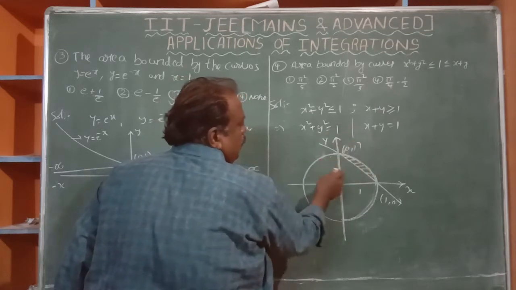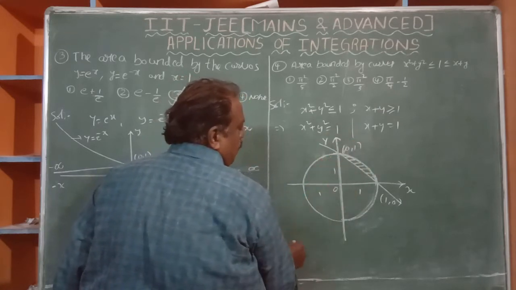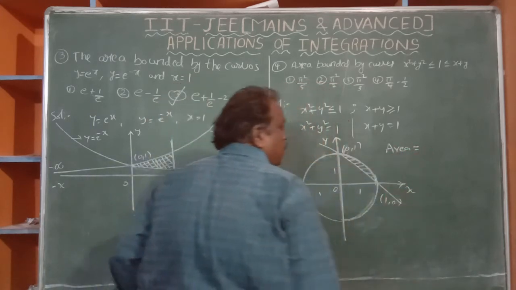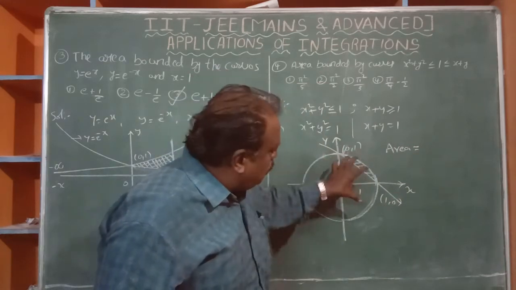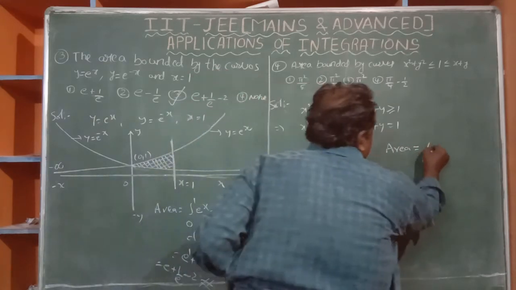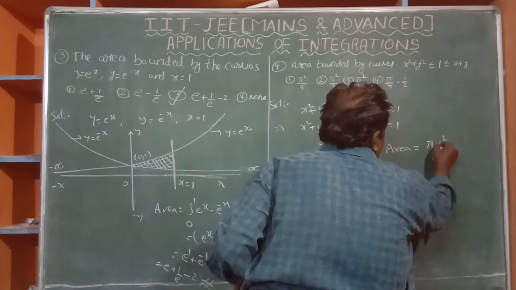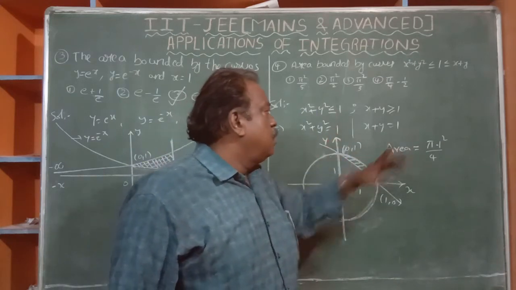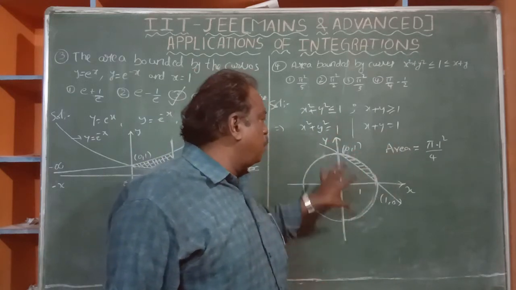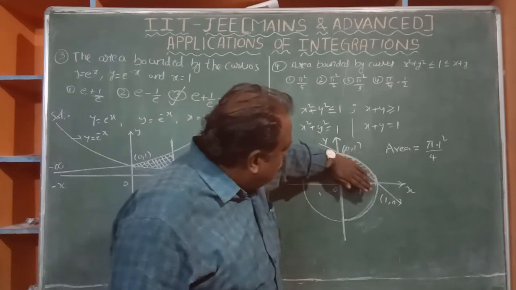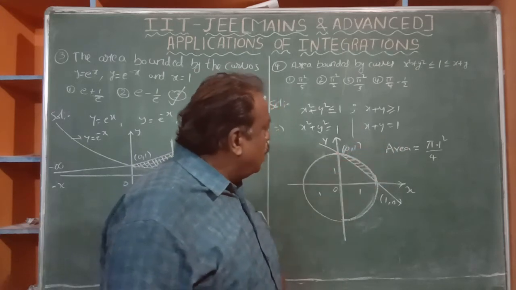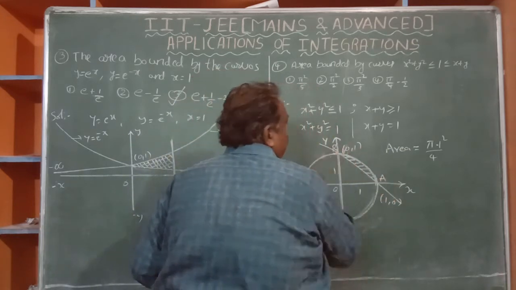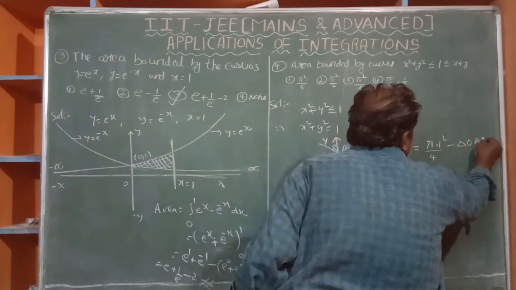The circle is equally divided into 4 equal parts by the quadrants. The required area is 1/4 of the total area of the circle, which is pi r square, so pi times 1 square by 4. And we subtract the triangle OAB.